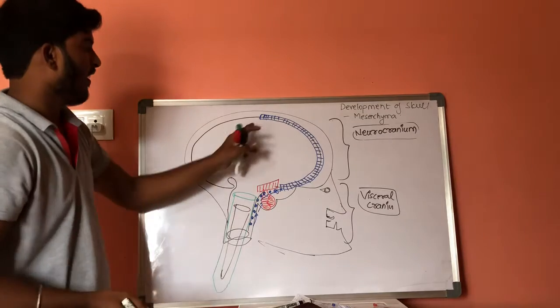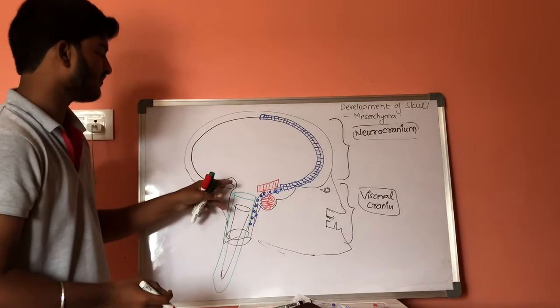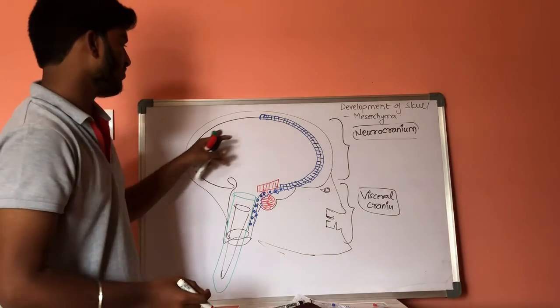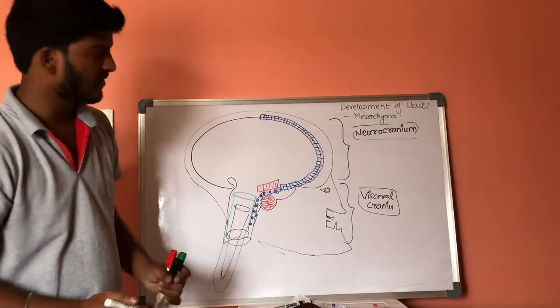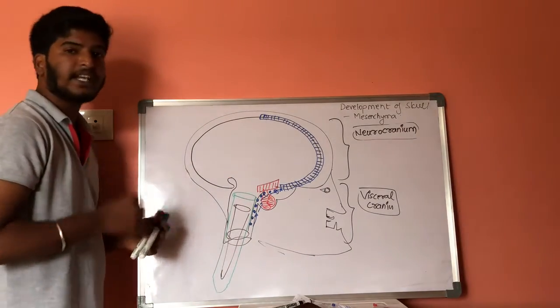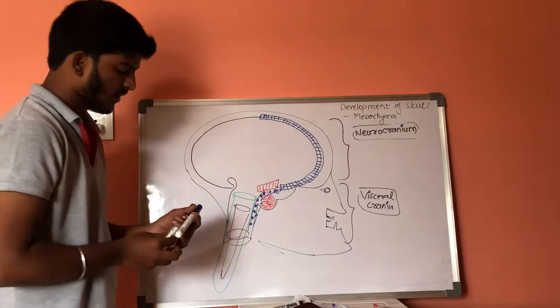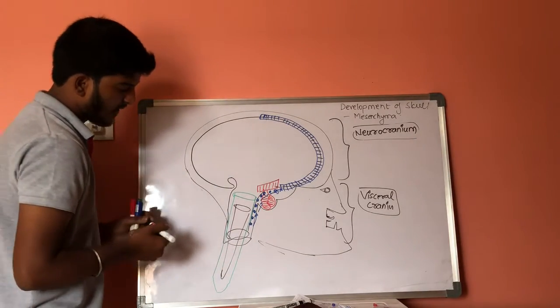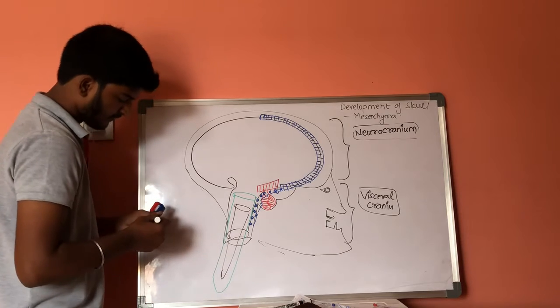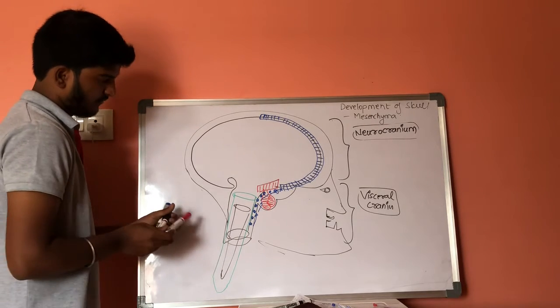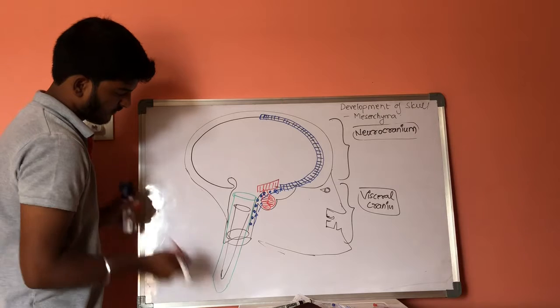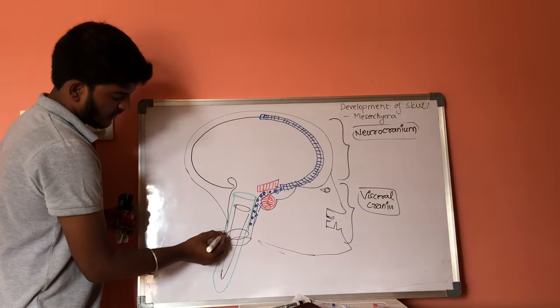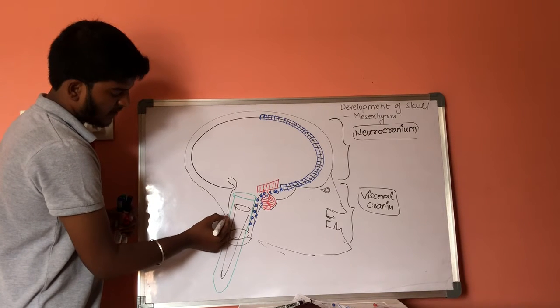And from where is the posterior part of the brain developed? There is one more special type of mesenchyma, that is from the occipital somatomeres.